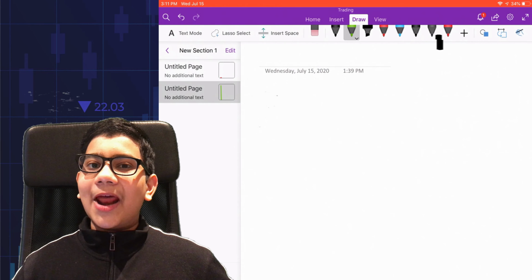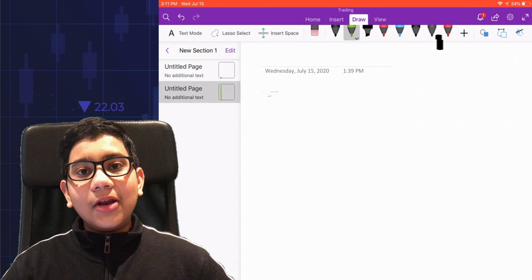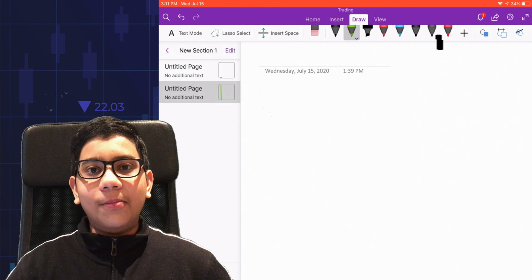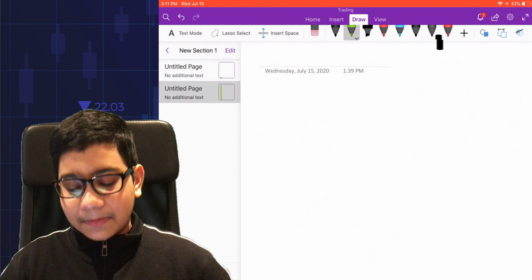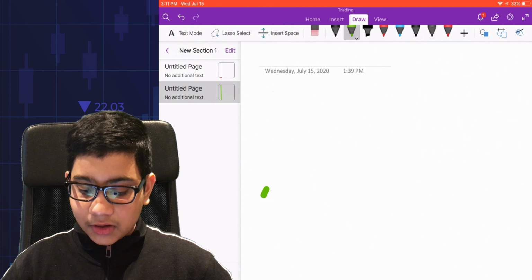Now let's talk about the bearish engulfing pattern. The bearish engulfing pattern is the exact opposite of a bullish engulfing pattern. So it's a reversal pattern that also takes place in an uptrend.